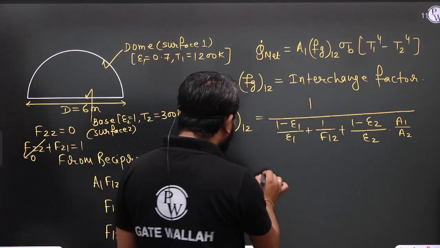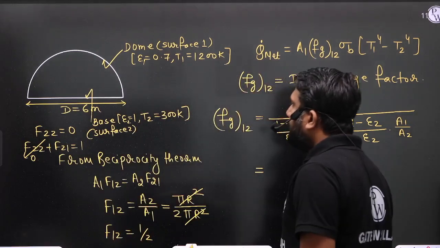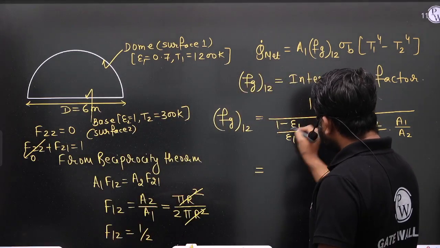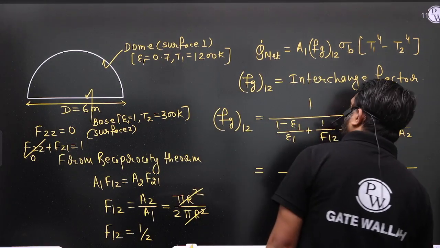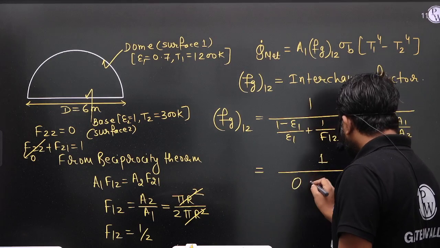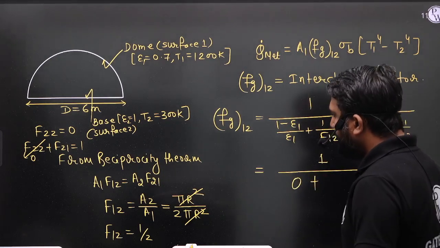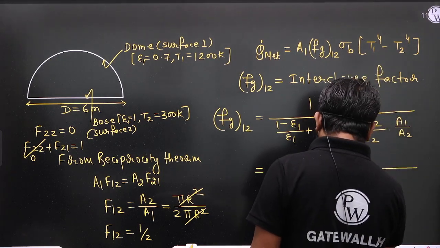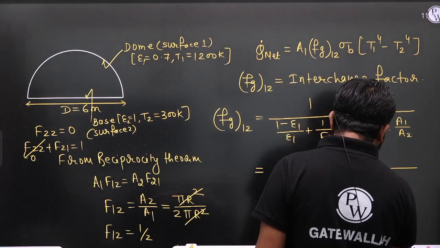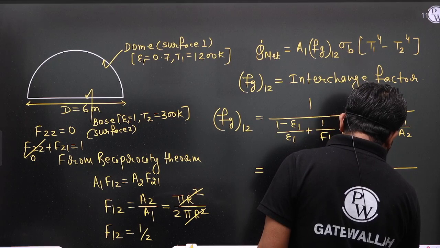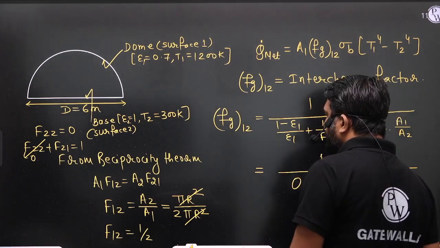Okay, now put here, and see that epsilon 1 is equal to 1, so this term is 0. Now 1 upon F12, so this is 1 upon 1 by 2, so this is 2 plus. This is (1 minus epsilon 2), which is 0.7 upon 0.7, into A1 by A2.